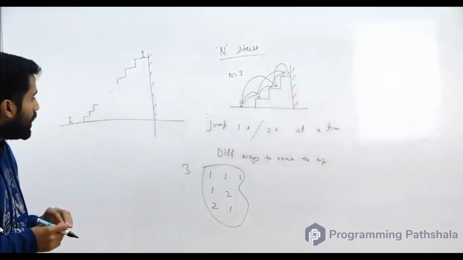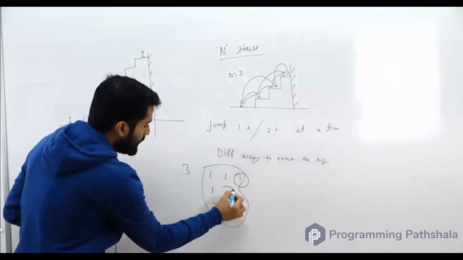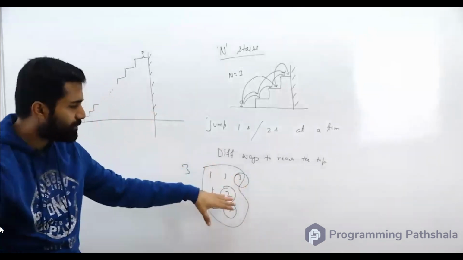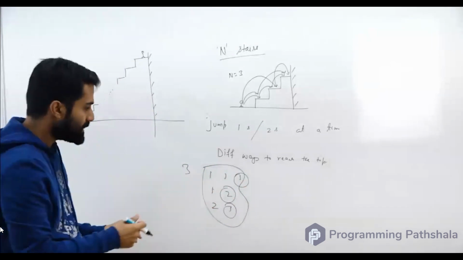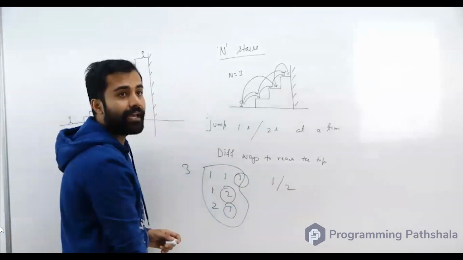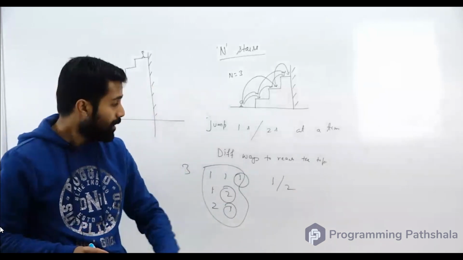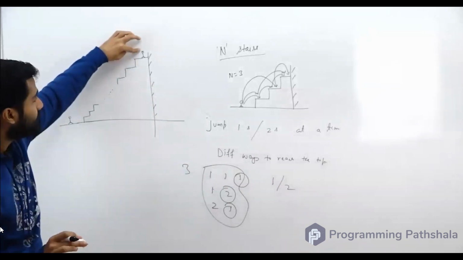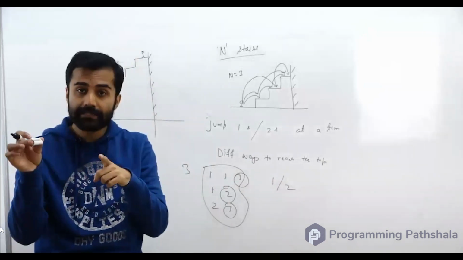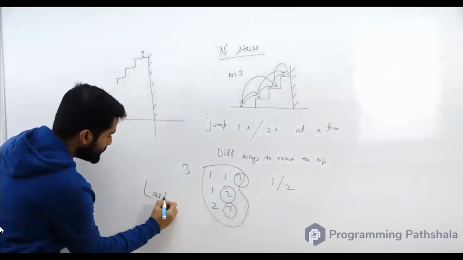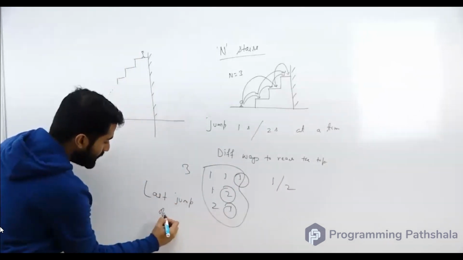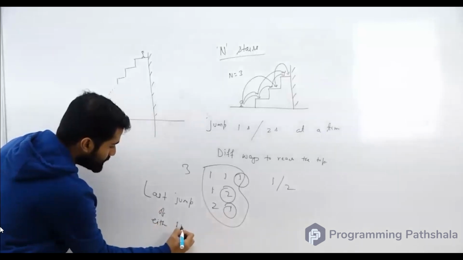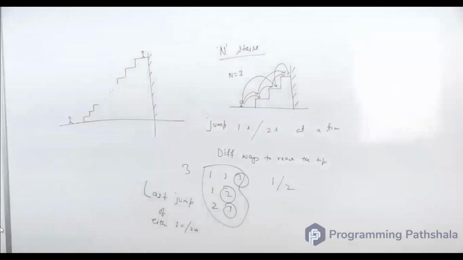Now, what would have been the last step or the last number of any sequence? The last number of any sequence would either have been 1 or it would have been 2, nothing else than that. What does it mean? It means that the boy would have gotten here by making a last jump of either 1 unit or 2 units.